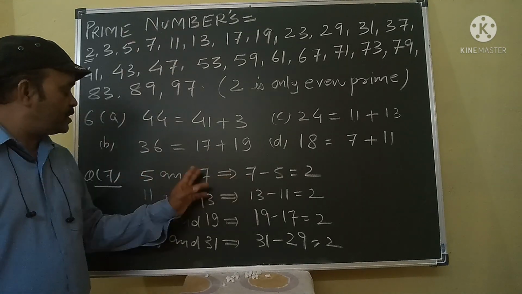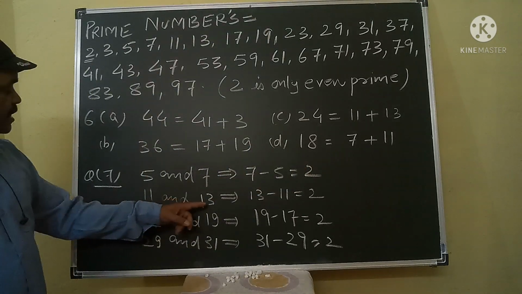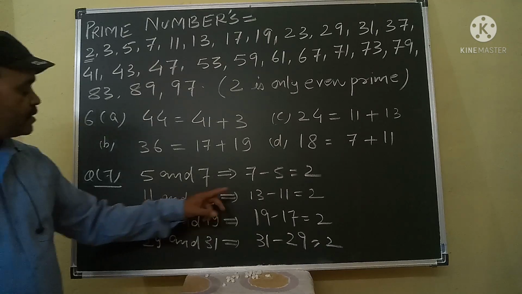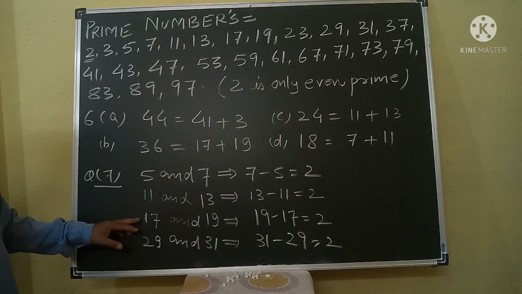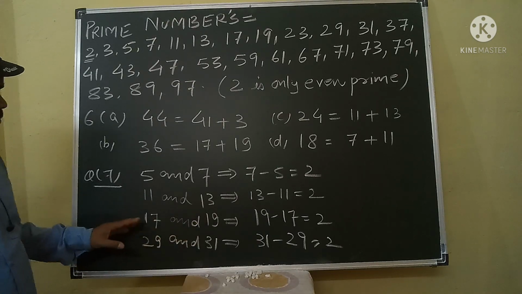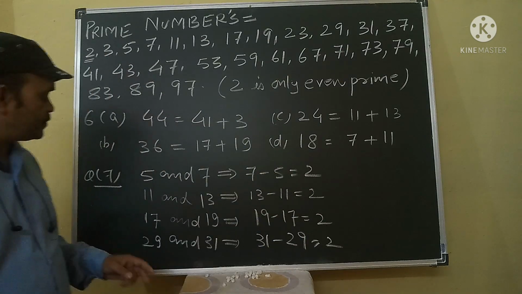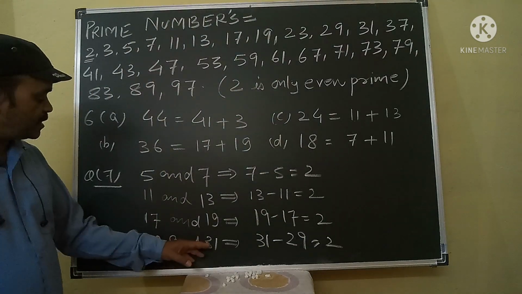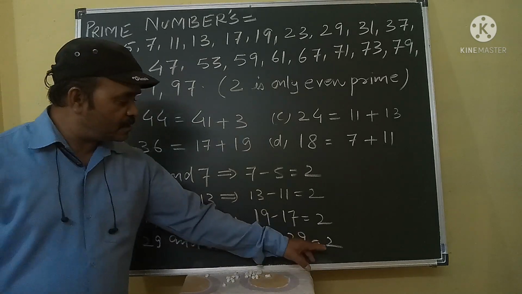The difference of these two numbers is 2. The second pair is 11 and 13. The difference of these two numbers is 2. The third pair is 17 and 19. The difference of these two numbers is 2. 29 and 31, the difference of these two prime numbers is 2.